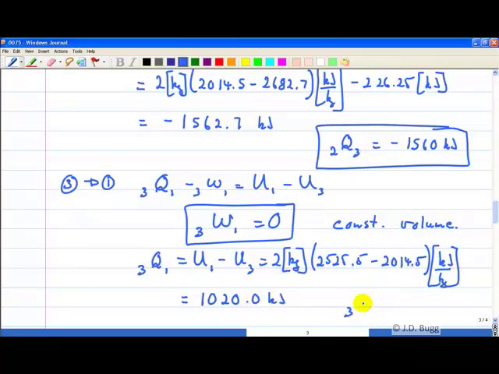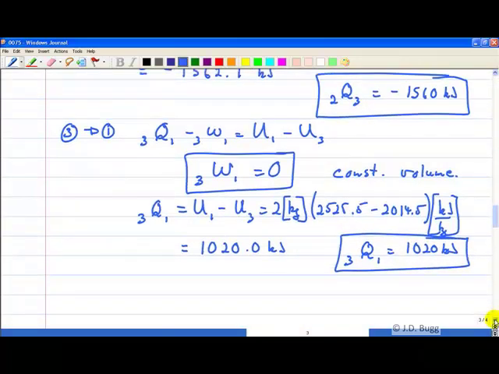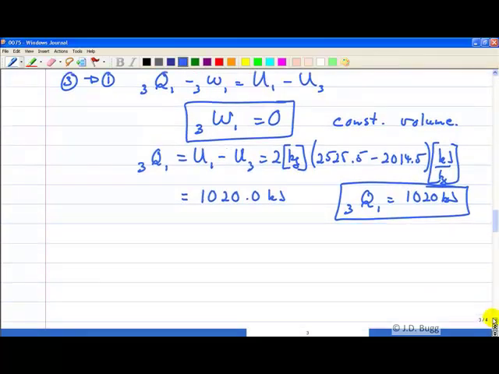So just expressing that as our final answer, 1020 kilojoules. So that's 3 to 1. It's fairly straightforward because the work calculation is very simple. And also we already have the internal energy at both endpoints from our previous work.